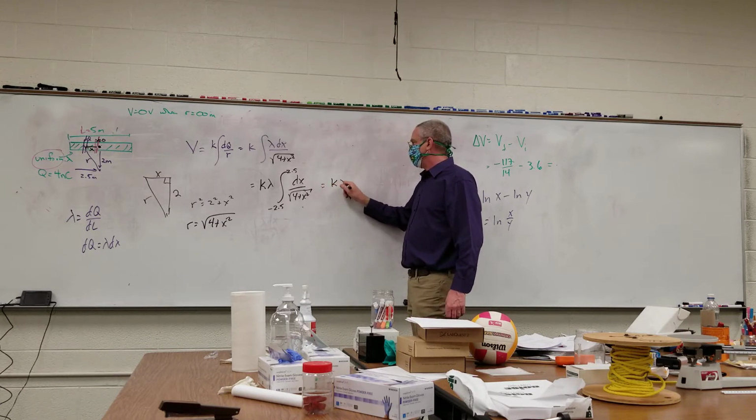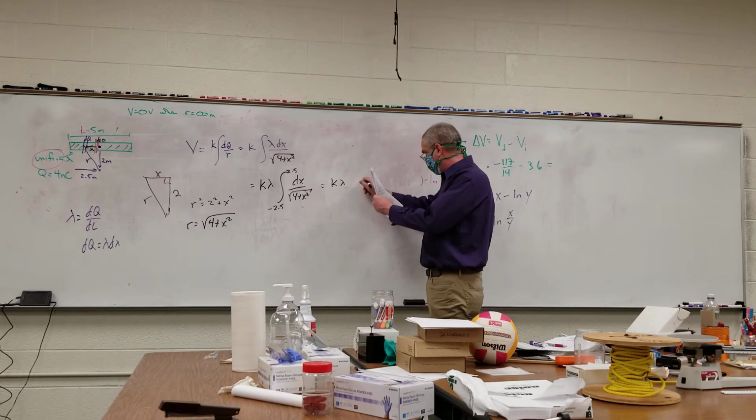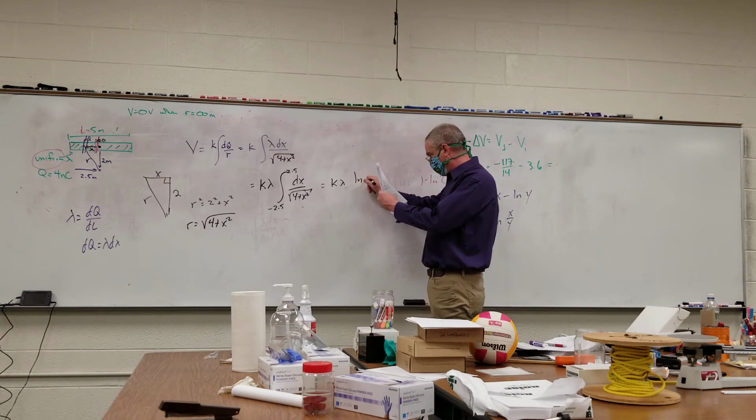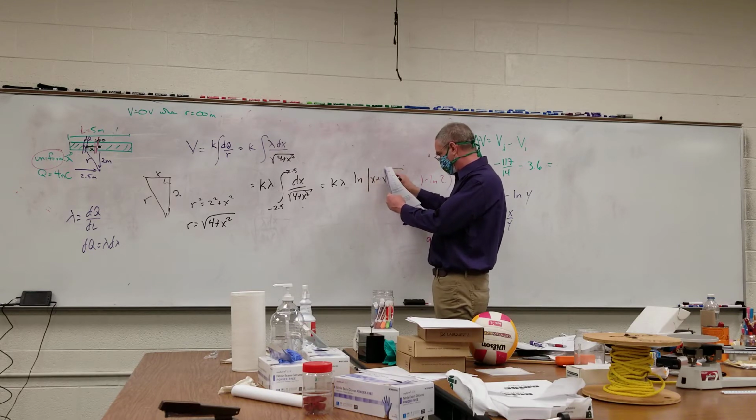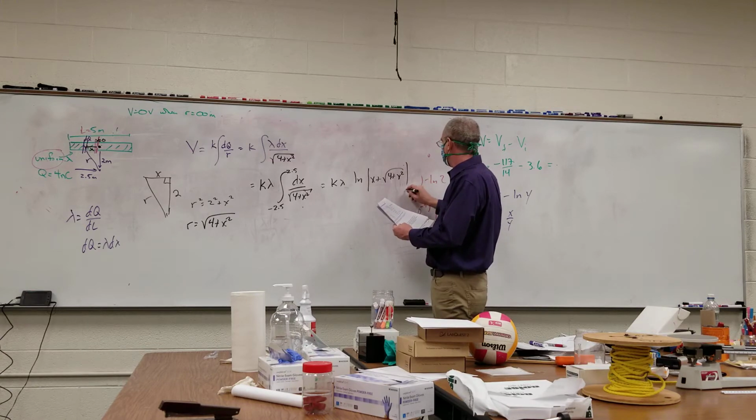And so that's k times lambda times the natural log of x plus the square root of 4 plus x squared, from negative 2.5 to 2.5.